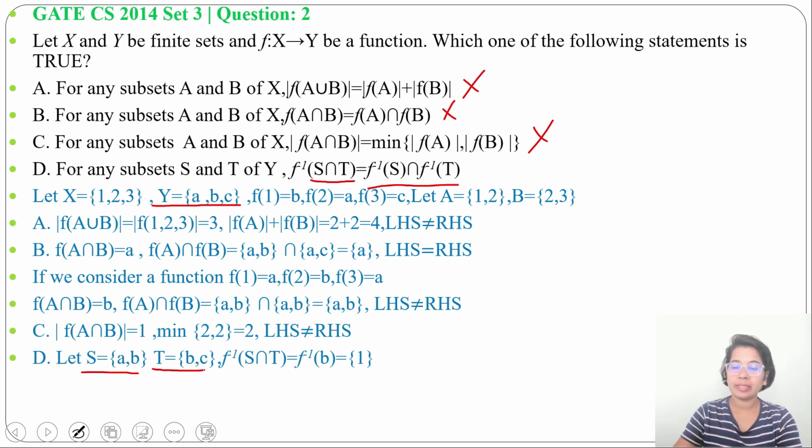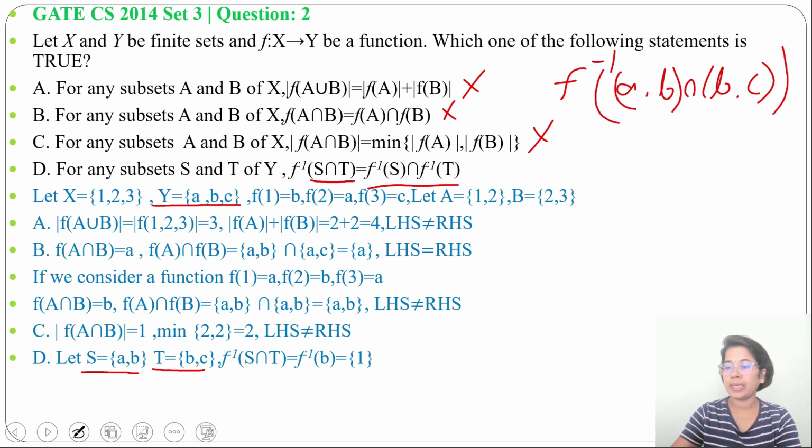Now f inverse of S ∩ T: the intersection of {A, B} and {B, C} is B. We need to find f inverse of B, which equals 1.